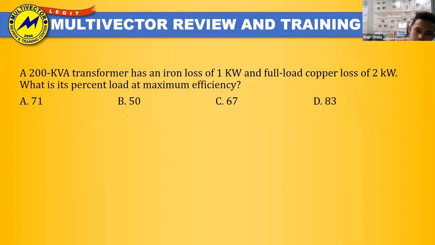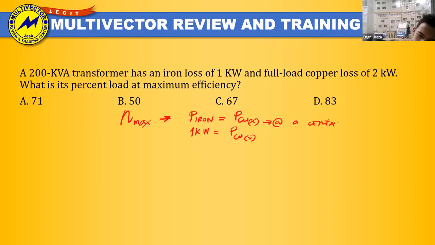Okay, so with respect to transformers, to attain yung ating tinatawag na maximum efficiency, isa lang yung mahalagang condition: that the iron losses, which is a constant loss, should be equal to our copper losses at a particular loading X. Our iron loss is 1 kilowatt. Therefore, dapat ito yung copper loss natin at a certain loading X.